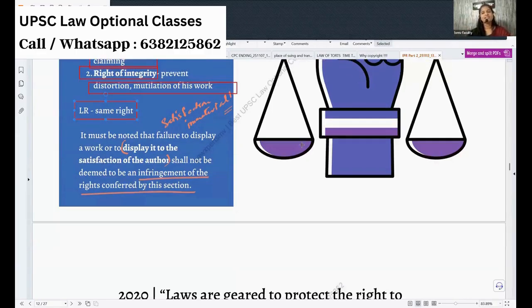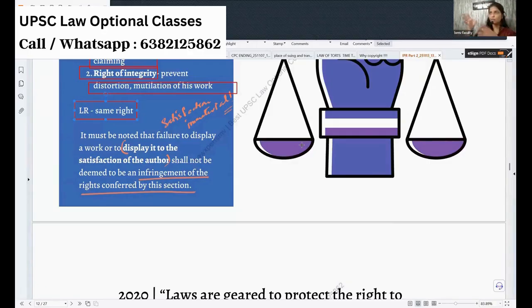There are certain areas where the author will be very, very particular. After giving copyrights, he will think that the product is not displayed to his satisfaction. Say, for example, I'm a very good painter. They get a painting from me and they display it in the hoardings. I gave the copyrights, I got the money, I'm happy.